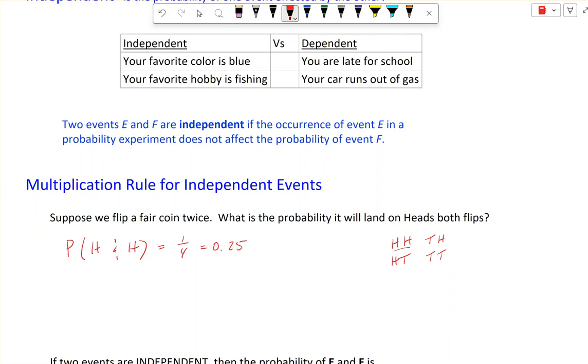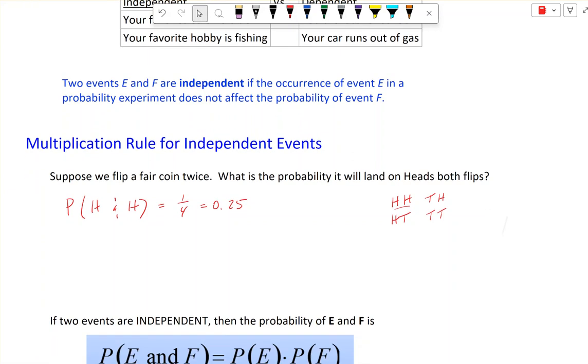If I flip a coin the first time, we know intuitively that it's a 1 in 2 chance, a 50-50 chance, that it lands on heads. If I flip the coin a second time, the probability of landing on heads is not impacted by the first flip. Each flip is independent of each other. Therefore, the events in this scenario are independent of each other.